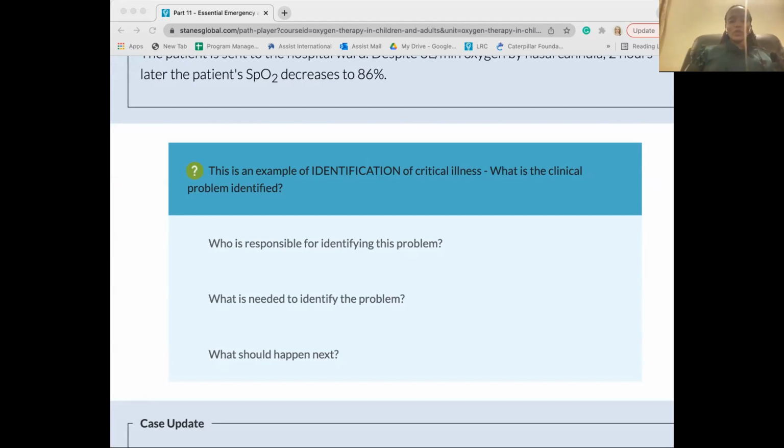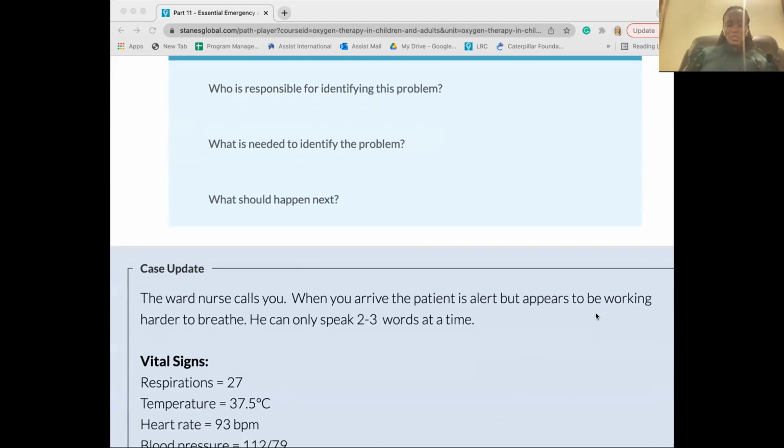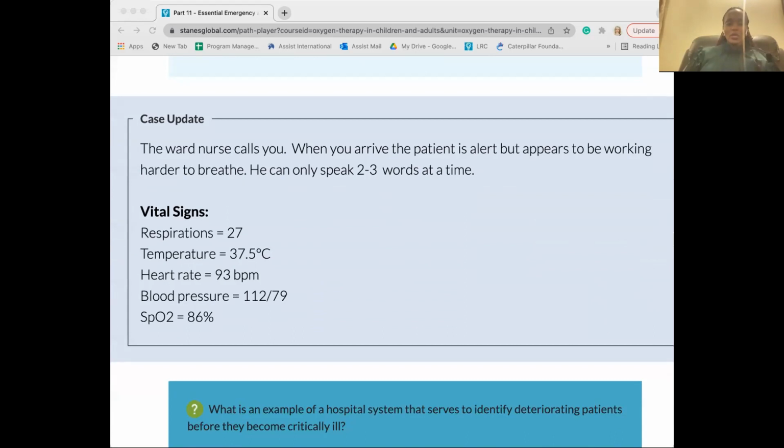Probably you're thinking of giving inotropes. If the patient was hypovolemic, you want to give fluids. So once you identify the problem, you decide what should happen next in management of that critical patient. So we can go down. Should you have a question, just ask as we go along.